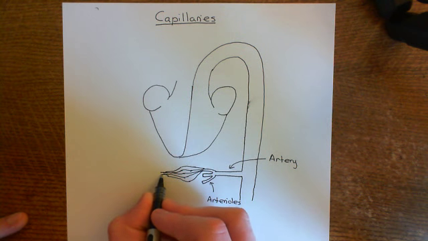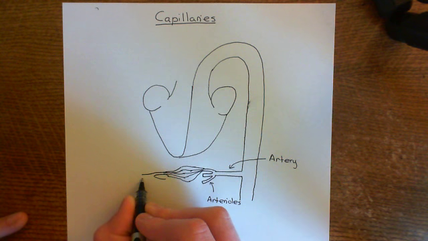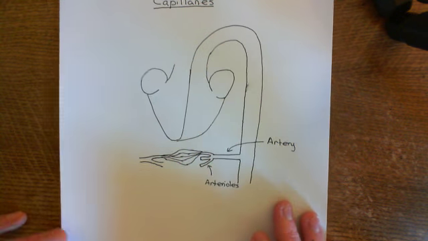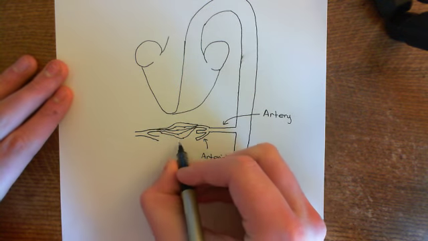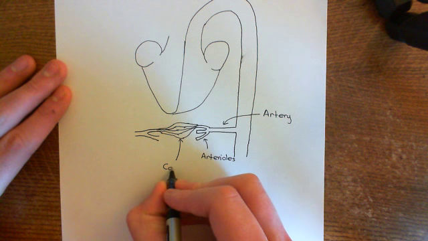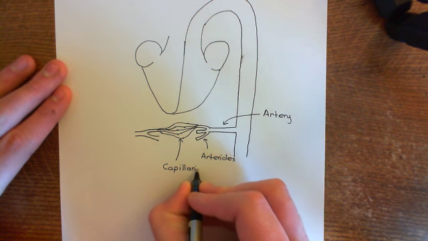Many venules will come together to make a vein, and this will then drain into one of the great veins. So these littler blood vessels here are capillaries, the stars of the show.